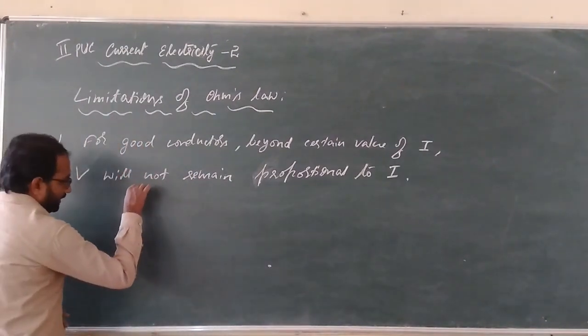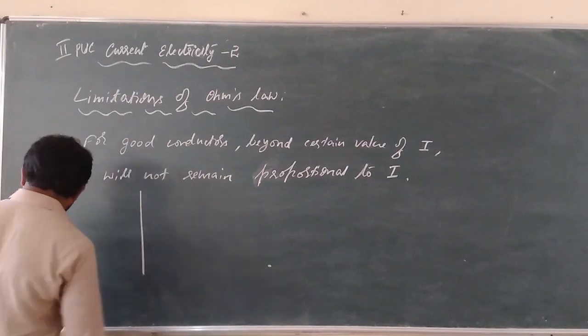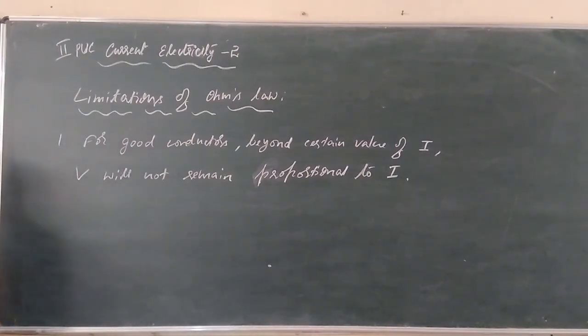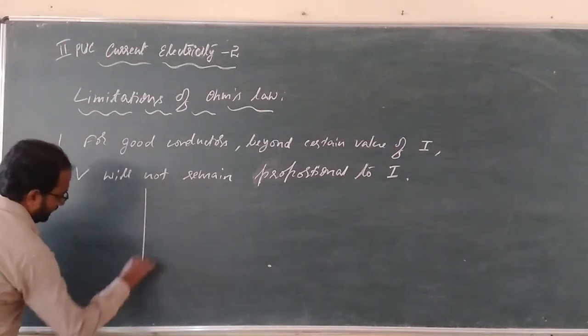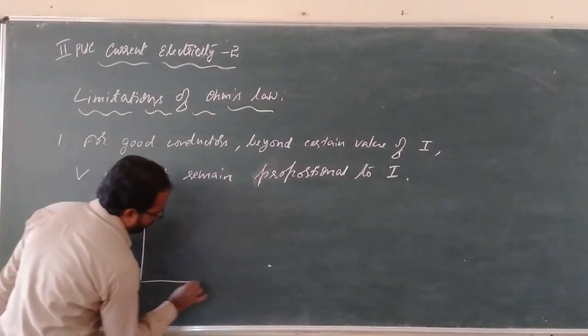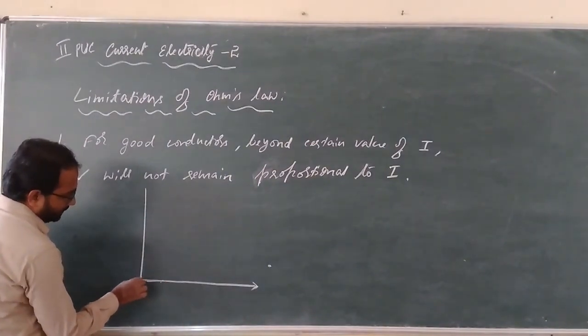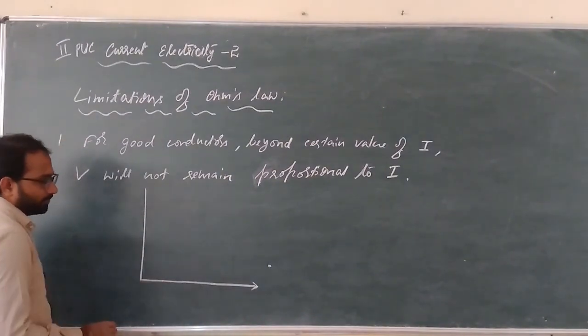Due to this heating effect, the resistance of the conductor changes. So the proportionality of V and I fails.